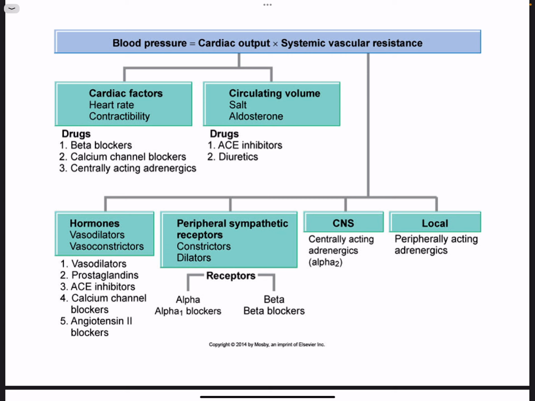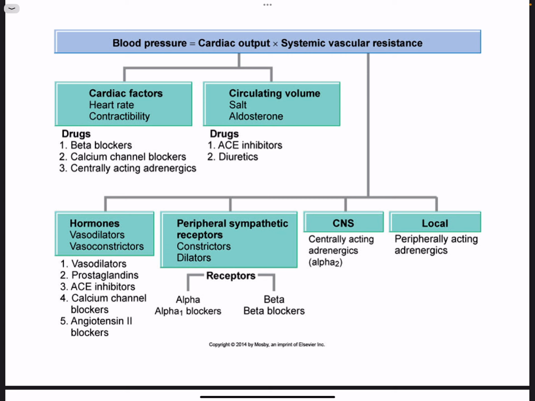Cardiac output, CO, equals HR times SV. HR is heart rate, very good. And SV, stroke volume. So cardiac output is equal to HR and SV.